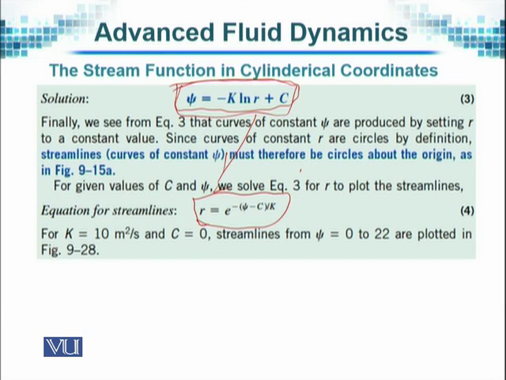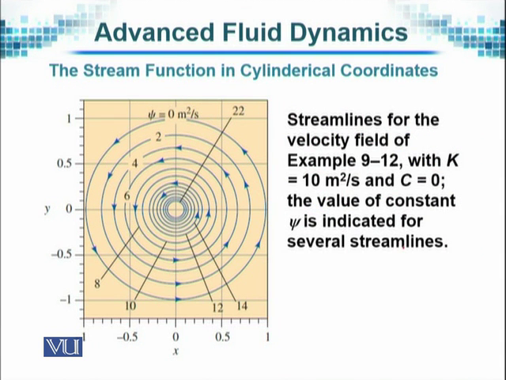And you can see that they have shown here that k is equal to this much if c is 0, and the range of psi is from 0 to 22. And it's plotted here. You can see in this diagram that the streamlines look like this. Away from the origin, each streamline is at a distance from the nearby streamline.